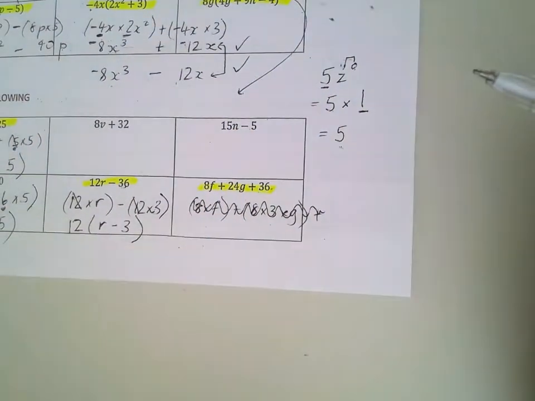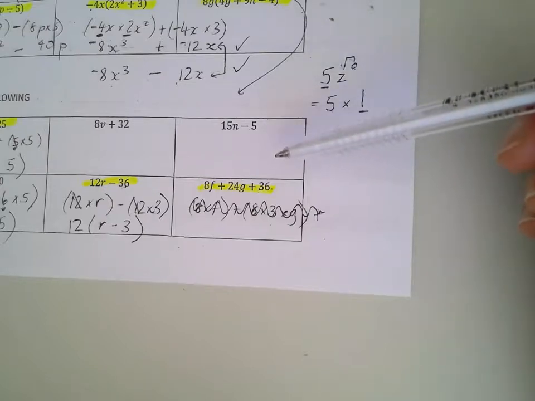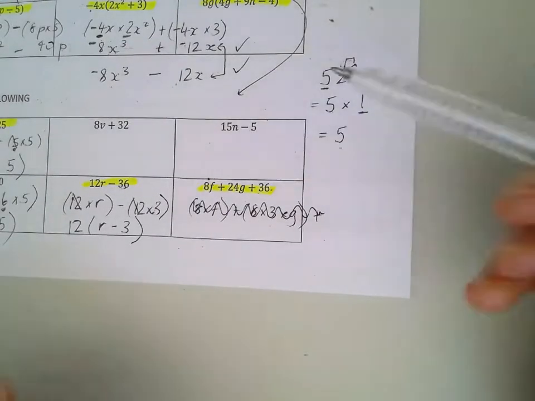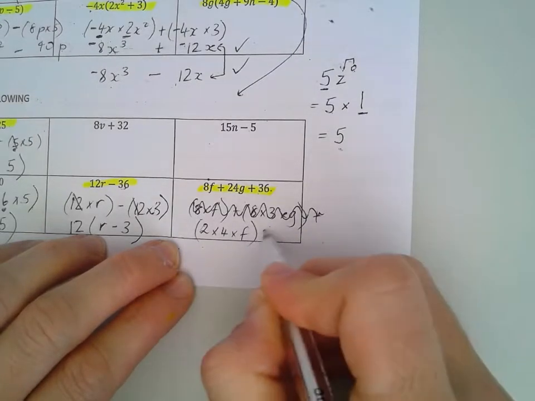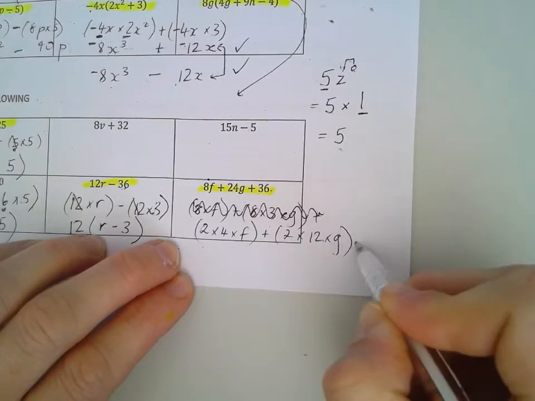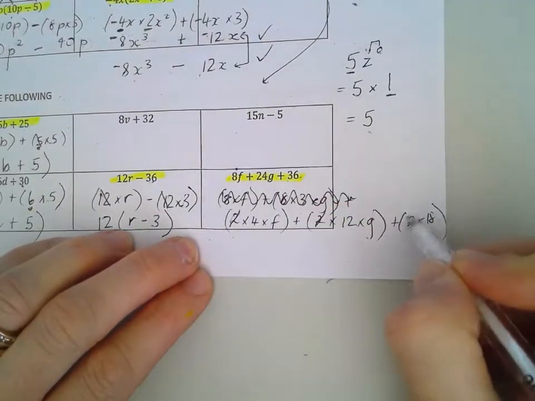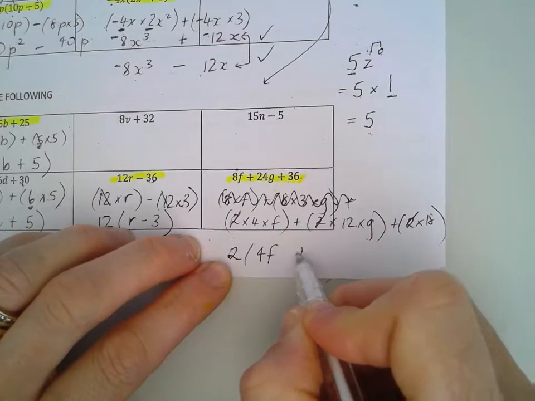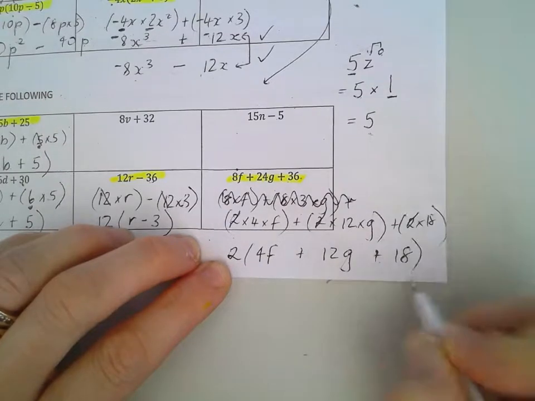We have to think of a common factor that's going to go into each of these. So we've got 2 times 4, okay, we could go 2 times 4 times f plus 2 times 12 times g plus 2 times 18. So 2 this time is our common factor. 2 comes out. What have we got left? 4f in that bracket, 12g in that bracket, and 18 in that bracket.